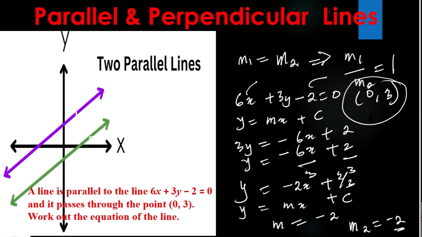So let's go ahead to solve for the equation. m is minus 2, and it passes through the point (0, 3). Now, we know that m is the same thing as y2 minus y1 over x2 minus x1. In this case, y2 will be the unknown y, x2 will be the unknown x, and x1 and y1 will be these values. So my m, minus 2, will be the same thing as y minus 3 over x minus 0.